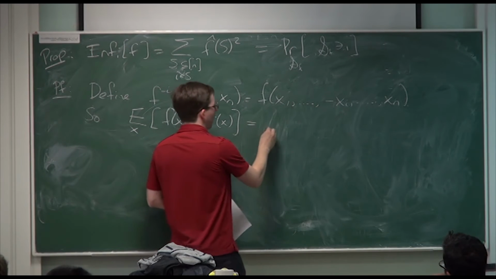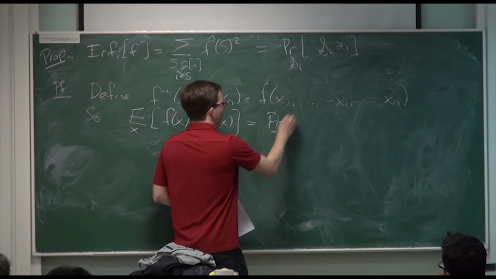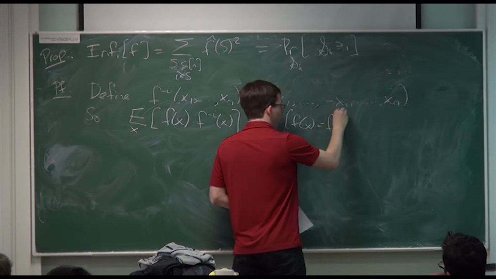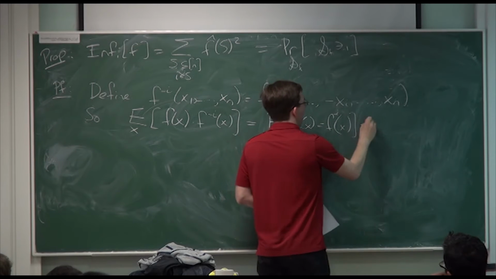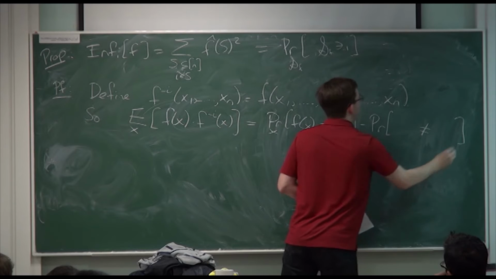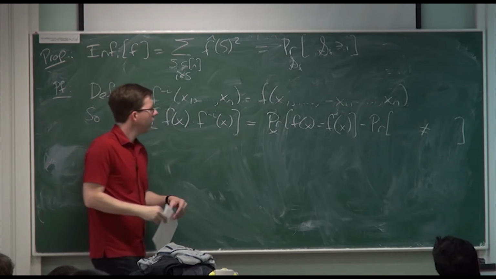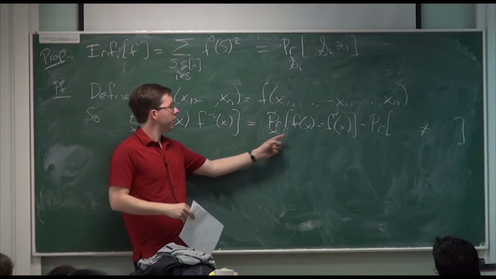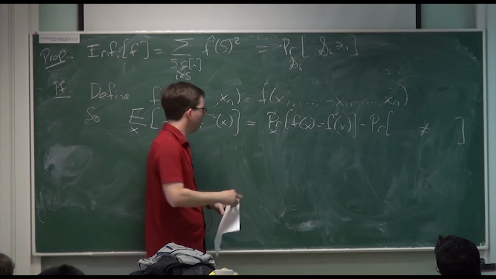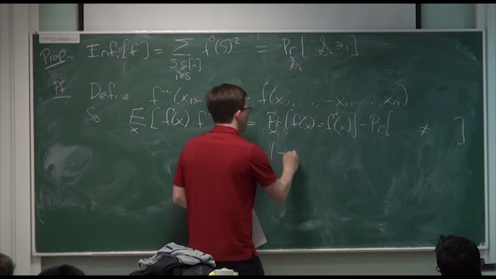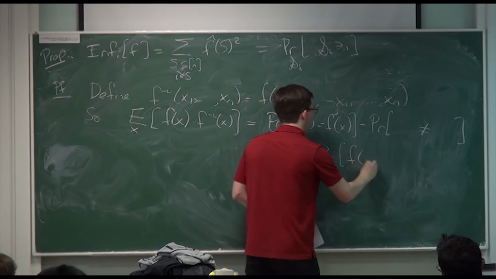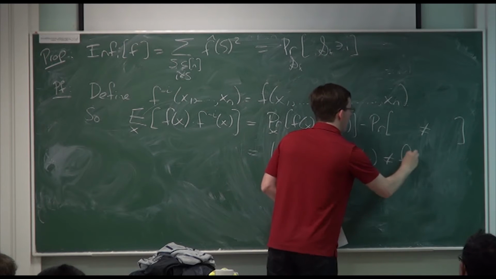Therefore, this expectation is the probability over x that f of x equals f minus I of x, minus the probability that they're different. And we also use that the probability that they're equal is 1 minus the probability that they're different. So this is 1 minus 2 times the probability over x that f of x differs from f minus I of x.